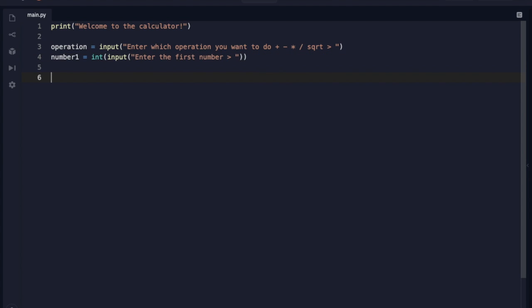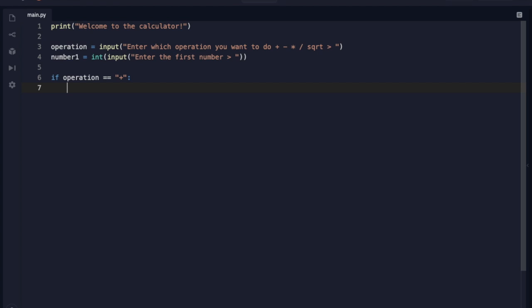Then we're going to make two lines, and we're going to do if operation is equal to, and then a string, and inside the string we're going to do plus, because we're going in the order plus, minus, times, and then division, and then square root.